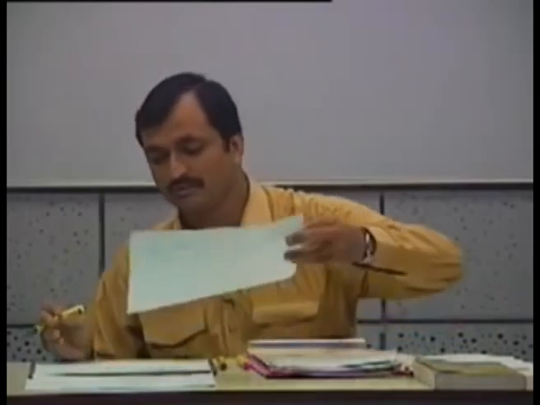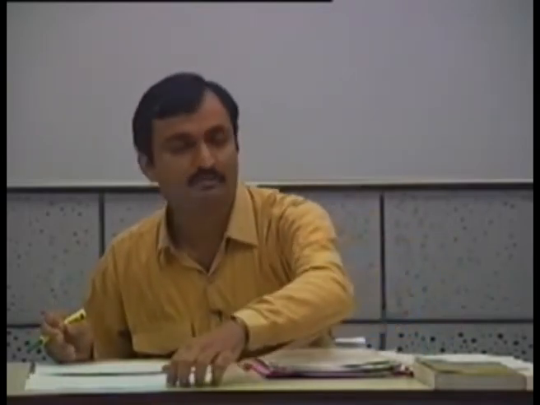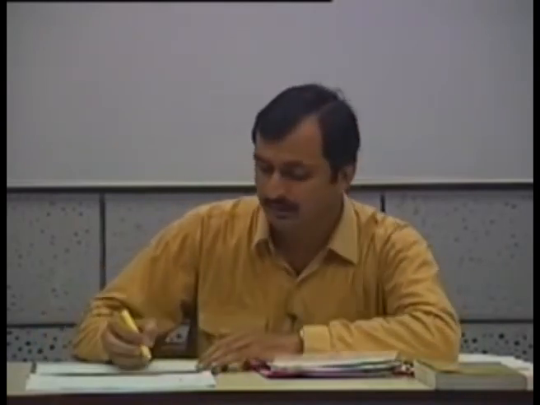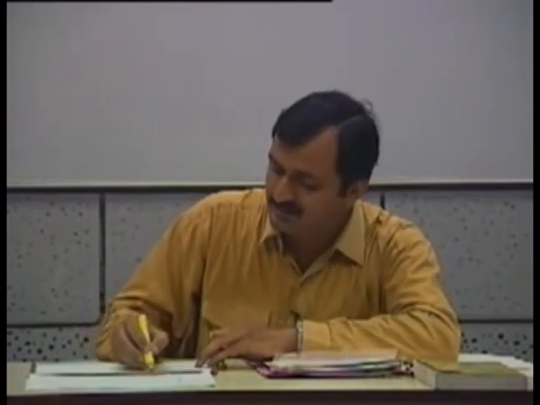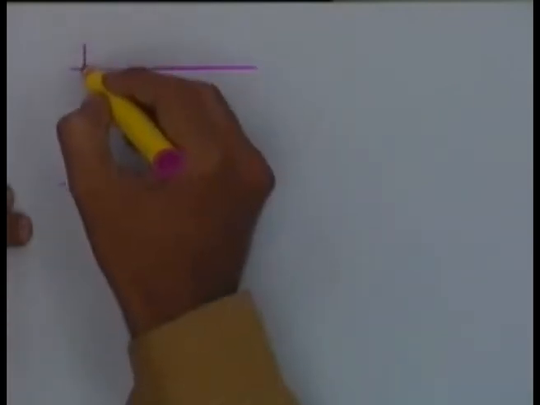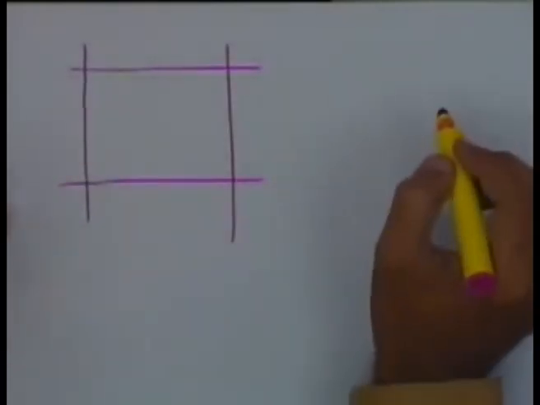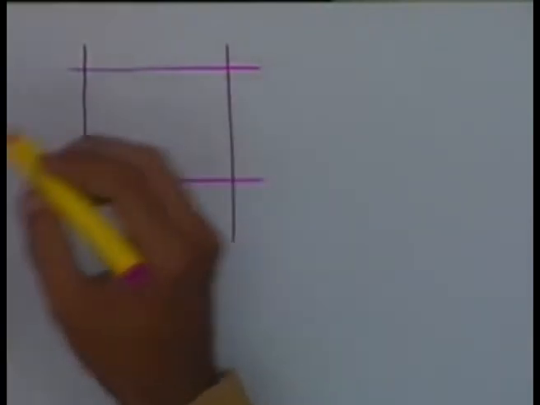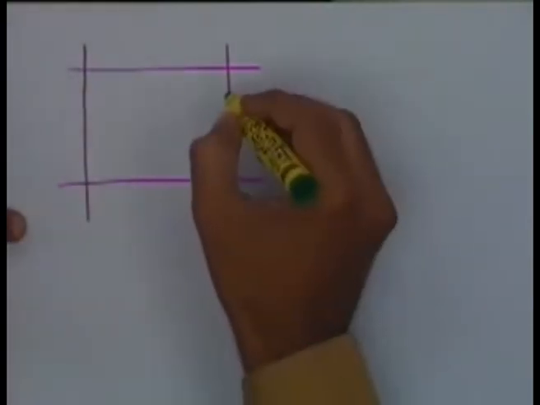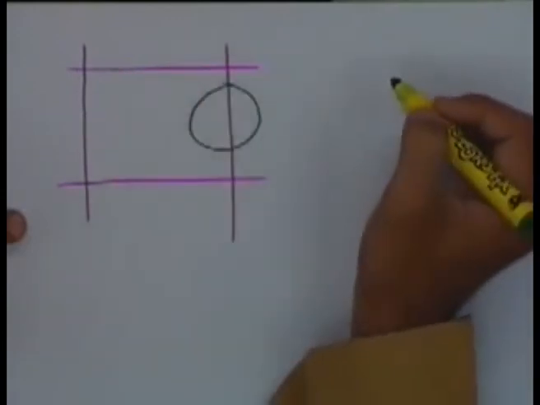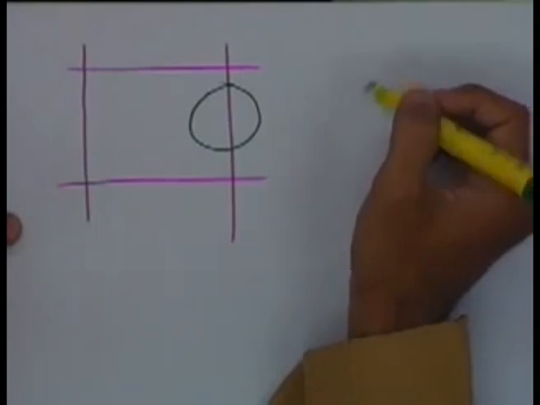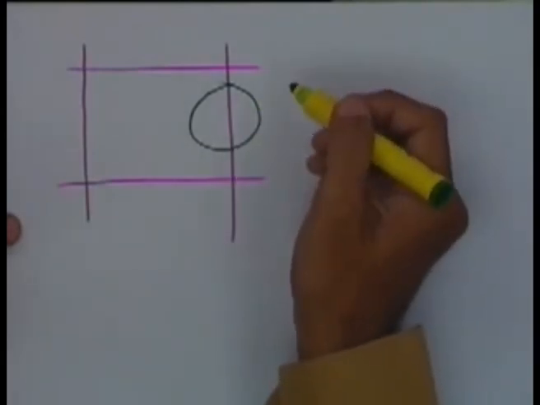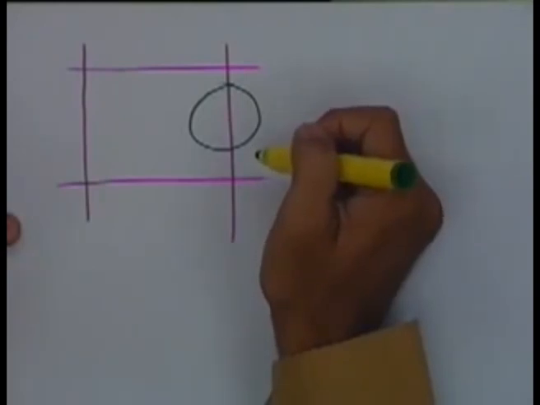Continuing with clipping further. So far, we have been talking of clipping of line segments only. If instead of a line segment, let's say this is a clipping window, and you have a curve like this, and that curve has to be clipped, then clearly the algorithm that we were using so far will not be valid for this curve.